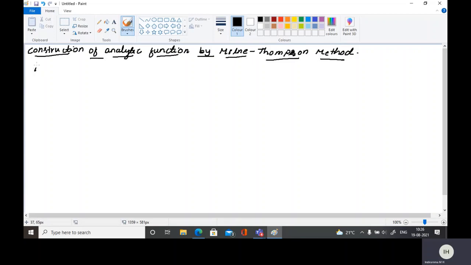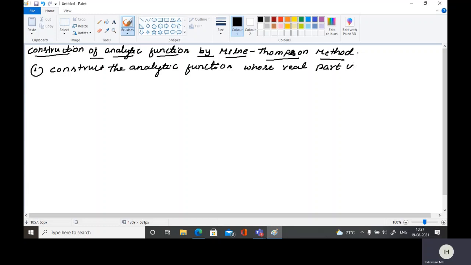First problem. Construct the analytic function whose real part is u is equal to log of square root of x square plus y square.